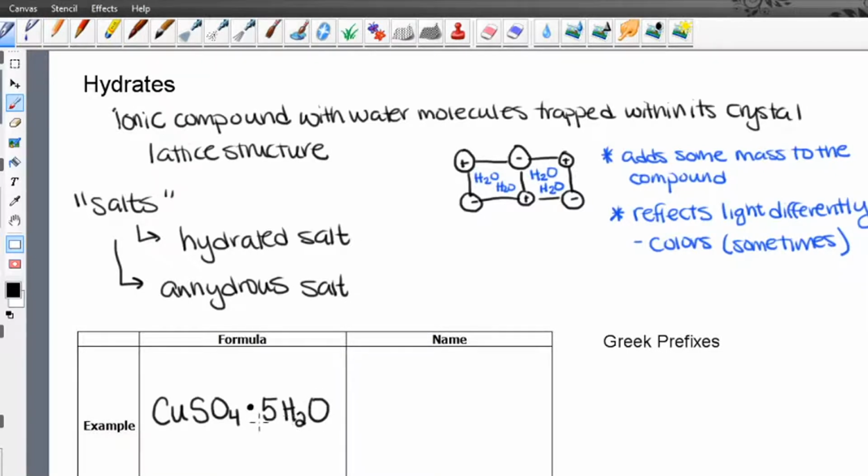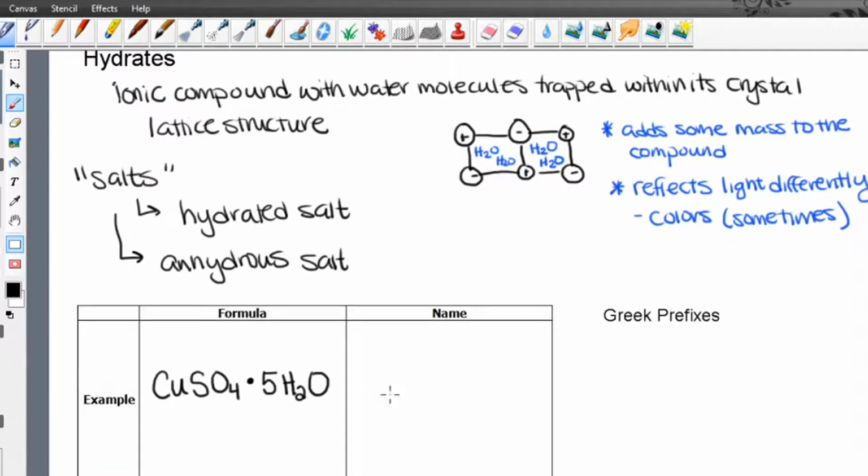To show those water molecules that are trapped inside the crystal lattice structure, we simply use a dot inside the formula and then a coefficient showing how many water molecules there are for every 1 unit of the anhydrous salt. And then we name this compound the same way we would normally name an ionic compound.